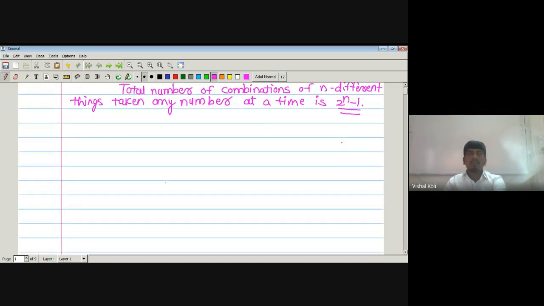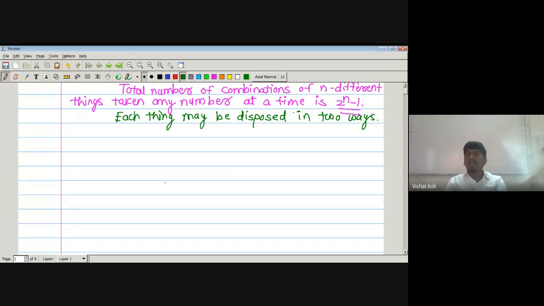Okay, so each thing may be disposed of in two ways. As in combination we have to make the selection, therefore, as there are n things, each thing has two possibilities.